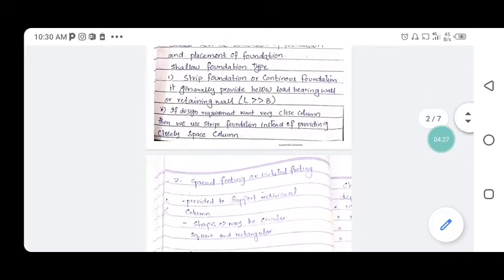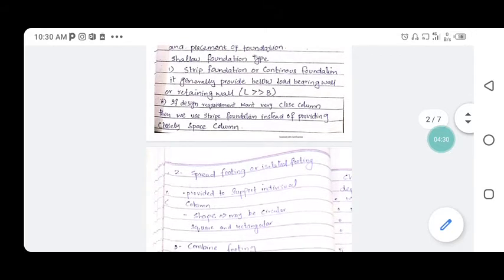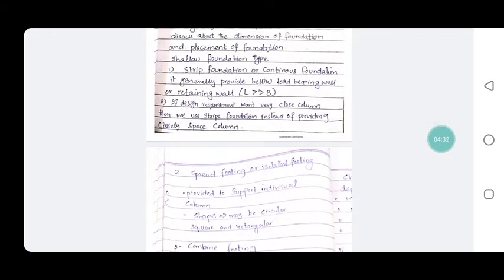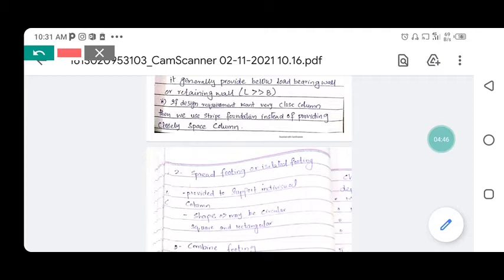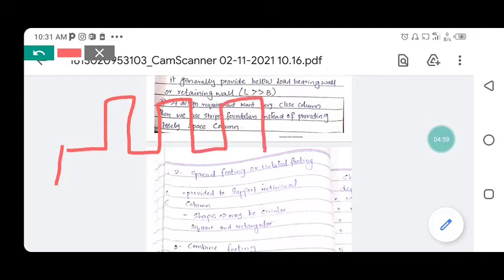If our design requirement wants very close columns, then we use strip foundation instead of providing closely spaced columns. Suppose I will draw a plan or a cross-sectional diagram. Let's draw a cross-sectional diagram. You can see I have drawn multiple columns.